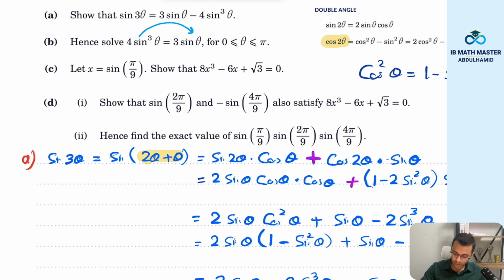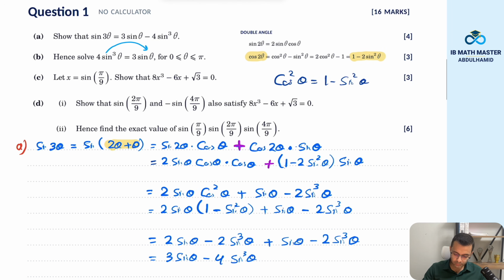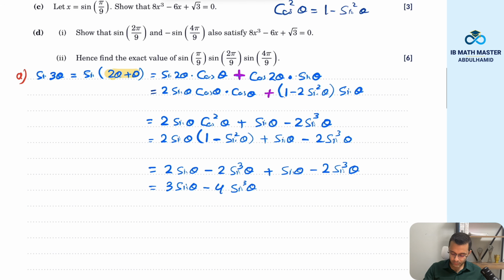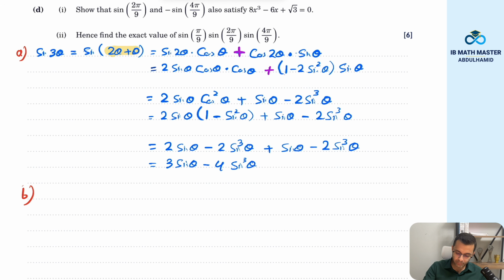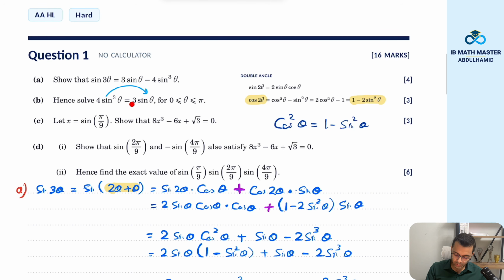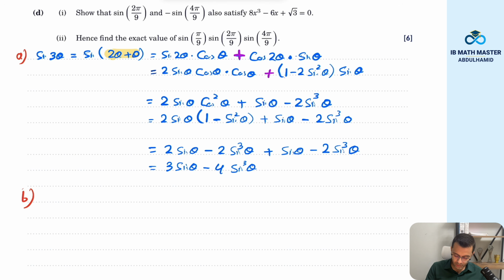So here, I will write for part B. For part B, as we said, if we move here 4 sine cubed to the right, we'll have 3 sine minus 4 sine cubed equals 0. So 3 sine theta minus 4 sine cubed theta is equal to 0.